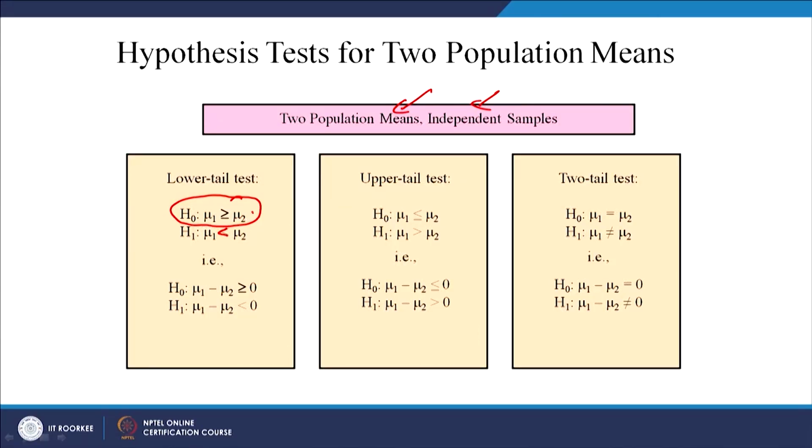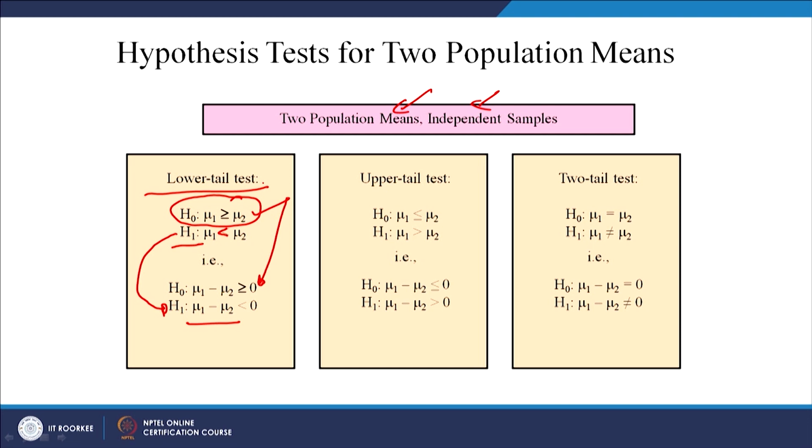Alternatively, we can write this as mu 1 minus mu 2 greater than or equal to 0, and the alternative hypothesis as mu 1 minus mu 2 less than 0. So, this is a lower tail test.